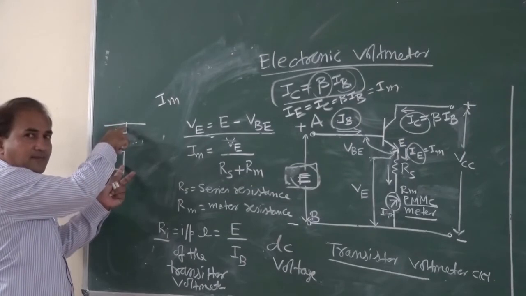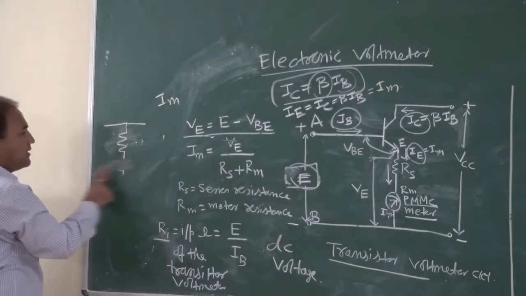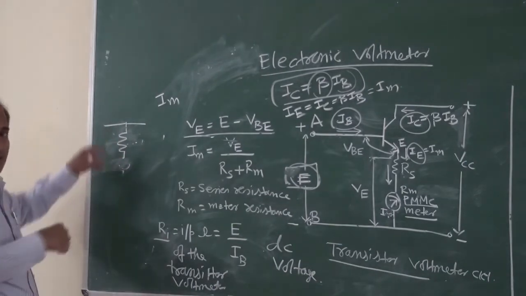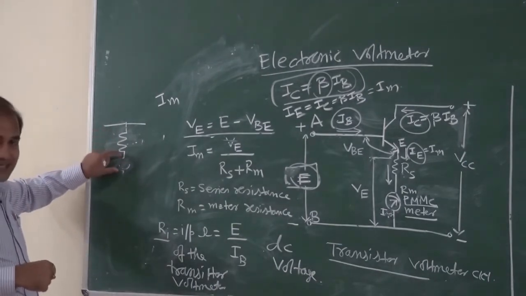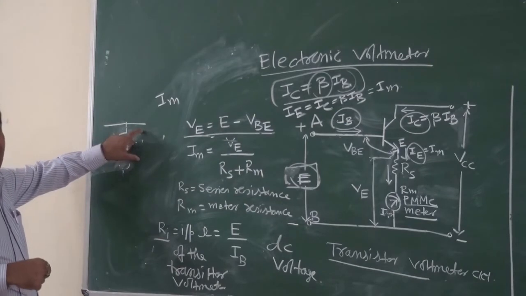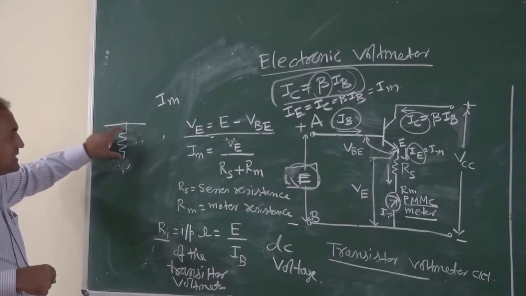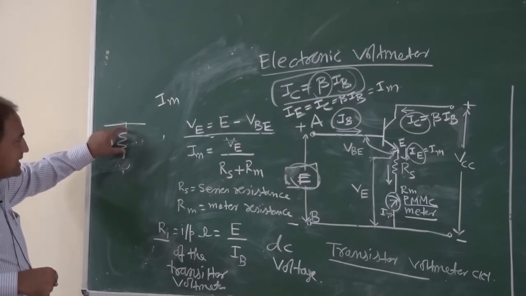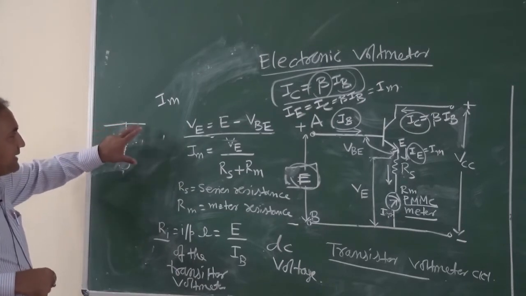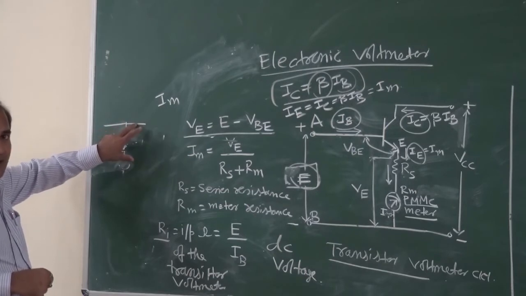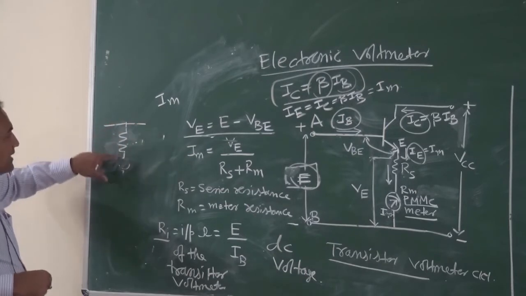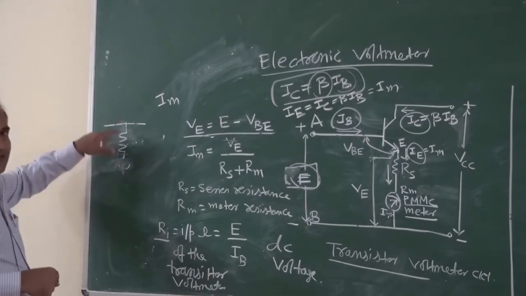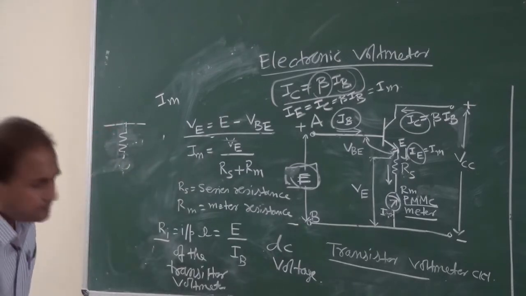And for the measurement of current, we have to connect in series. So the ammeter is connected in series and the voltmeter is connected in parallel with the resistance. The voltage drop across this resistance is measured by connecting a voltmeter in parallel with this resistor, and if we want to measure current, we have to connect an ammeter in series with this resistance.